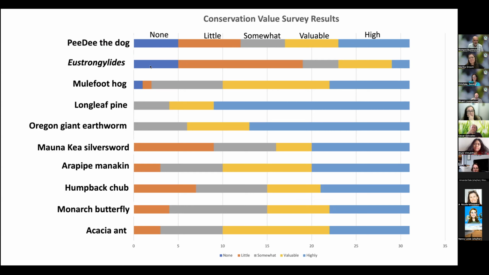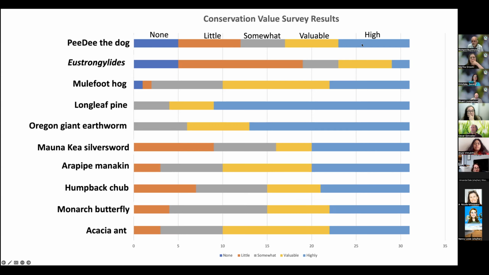There were people who agreed with me that poor Petey has no conservation value, 5 people. And of course, he doesn't in terms of conserving biodiversity because he is a domestic breed, and he cannot reproduce. Petey may have value, but he doesn't have conservation value.